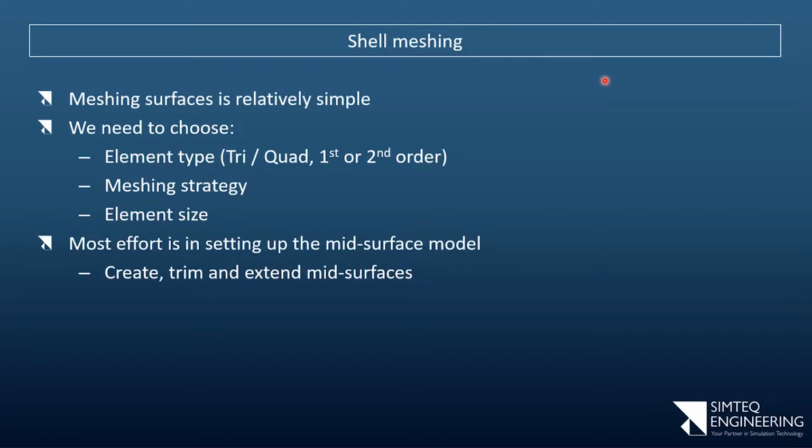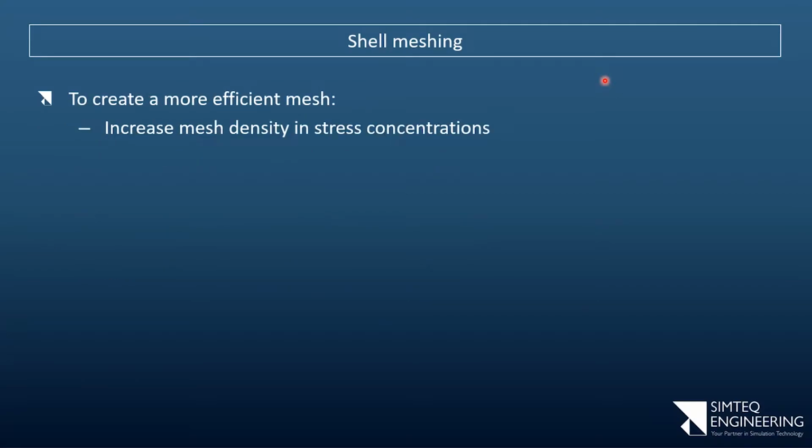That's pretty much it. Then you mesh. Okay. In a shell mesh, though, the most effort we spend is in setting up that mid-surface model. Not always, but usually. So the process is we need to create mid-surfaces. We may need to trim and extend these surfaces until we get a part that's reasonable to start the analysis on. And at that point, we can start the meshing process.